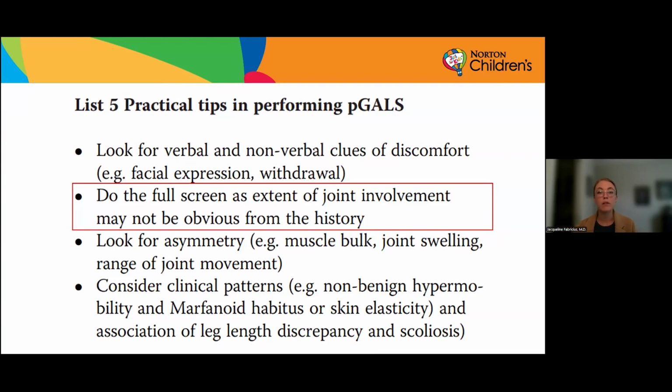And I would say very frequently, actually, I see children that will come in with a swollen knee and knee pain. And that is what both the child and the parents have been focusing on. But because there is intense discomfort in that one joint, it serves as a distractor from what's happening in other joints.